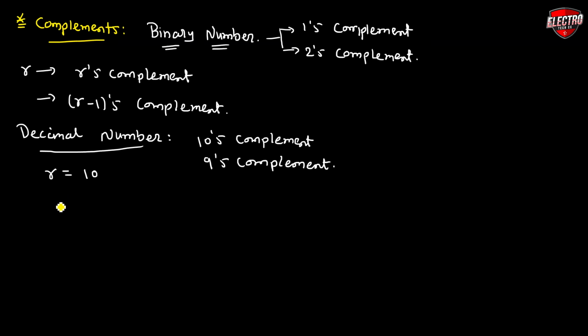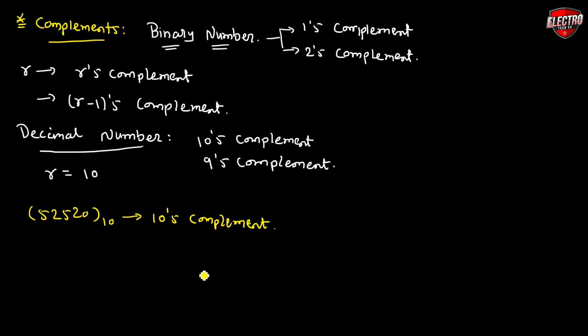Let us take one example for 10's complement. For example, a given number is 52520 in decimal number system, and we want to find the 10's complement of the given number.